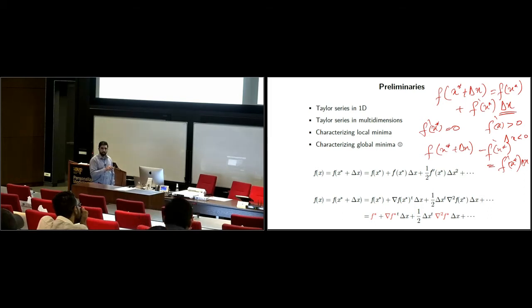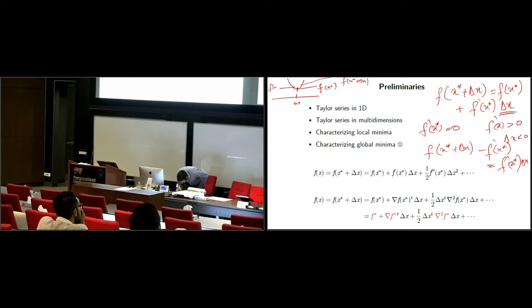I'll draw a figure to show you. Let's say this is x star, and this is f of x star. Then for any small delta x, all these points have to be greater than f of x star.